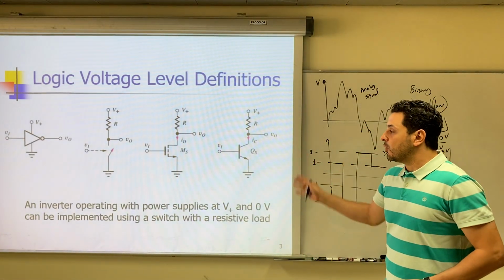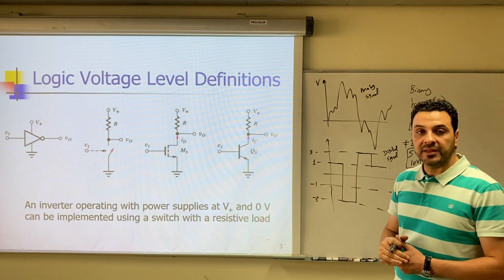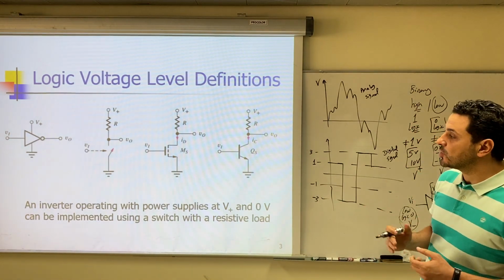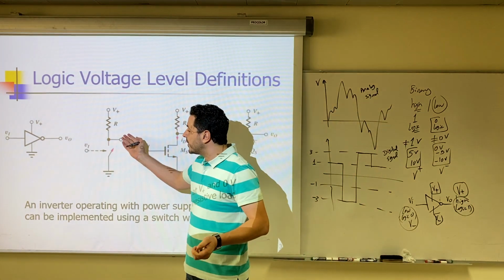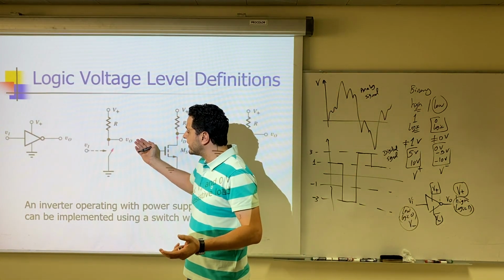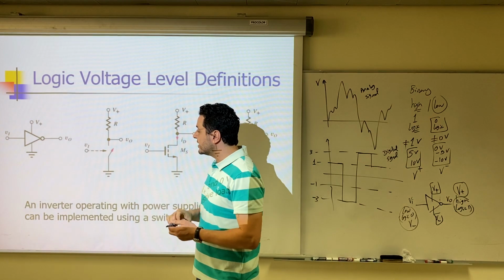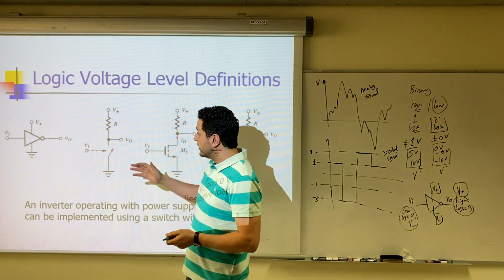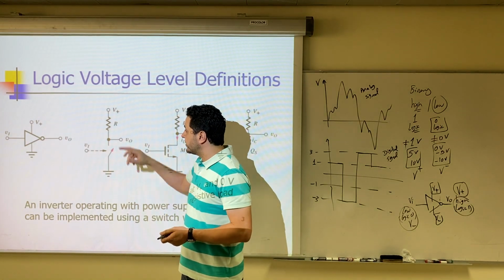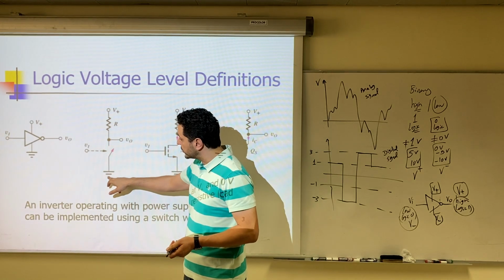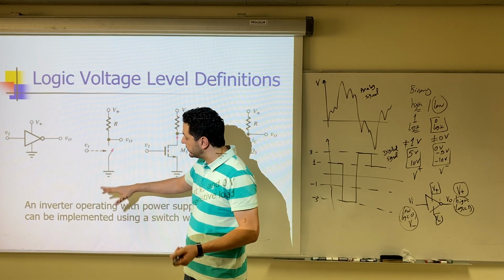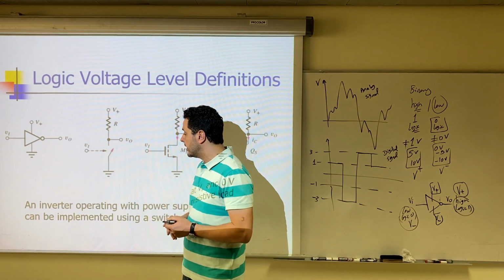A simple example to show you how to implement an inverter using transistors is to bring a switch. In order to implement an inverter, you need a switch. In this setup, for example, we have voltage supply V plus, and the other voltage supply, the negative voltage supply V negative, we choose to be ground.